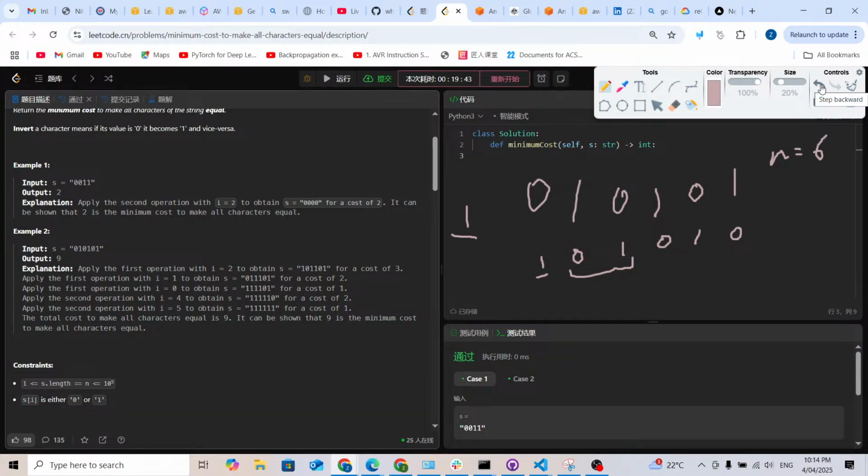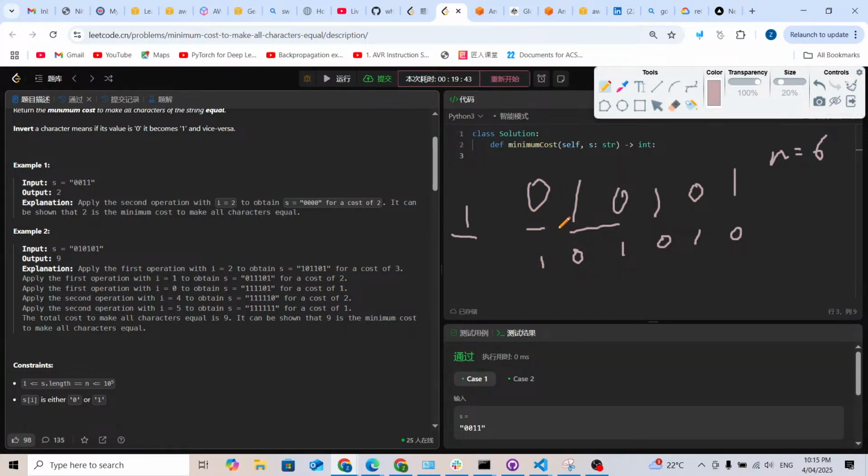No, let me just think more about it. So the first step is that we're going to invert this 0 to 1, because they are not equal. Let me just think about it.